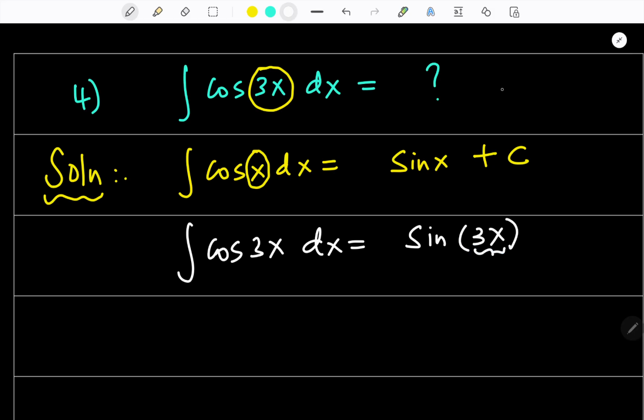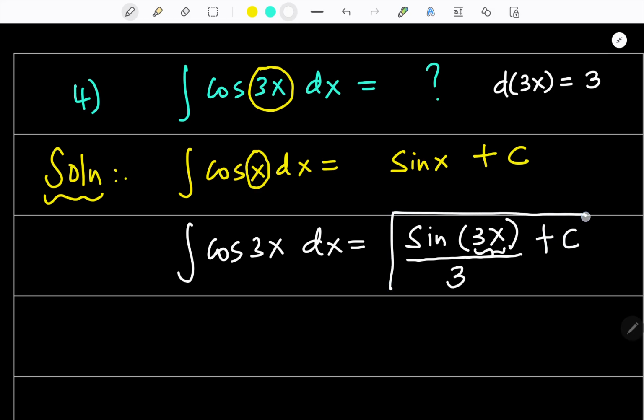What is the derivative of 3x? 3. So you divide by that number. In differential calculus we multiply, but in integral calculus we divide. So this is going to become your answer.